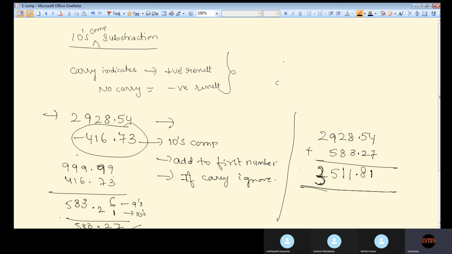You are not getting any carry, so the result is positive. What you said is correct.